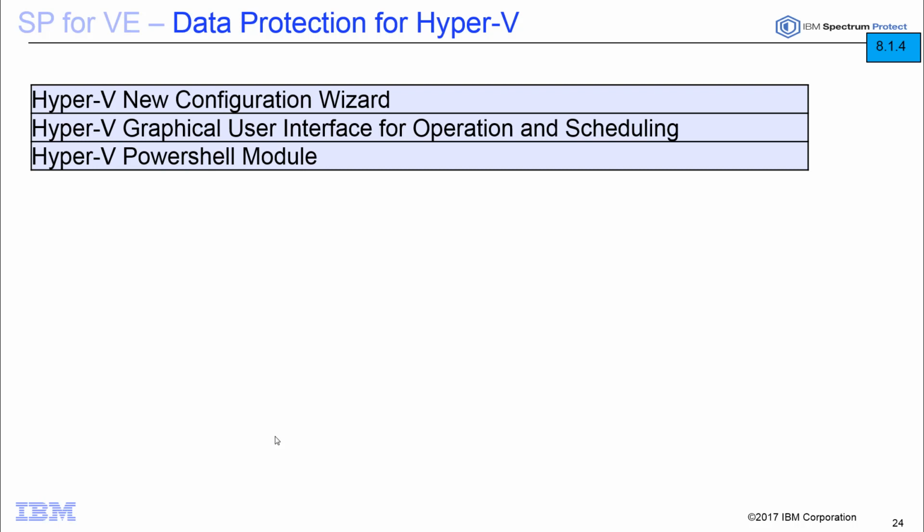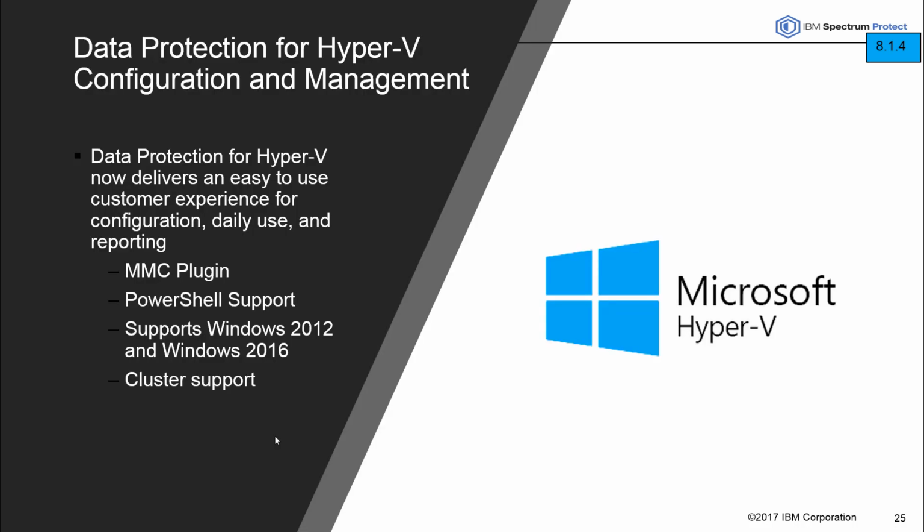And also finally a PowerShell module for interfacing with data protection for Hyper-V that lets you do all of the commands using Windows PowerShell. So let's take a look at each one of those.